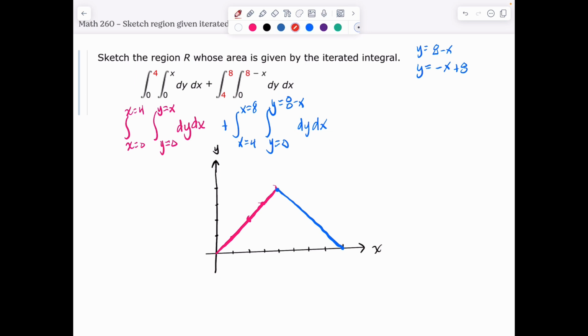these vertical lines. x is 0. Right? This is the line x is 0. This is the line x is 4. And this here is the line x is 8.